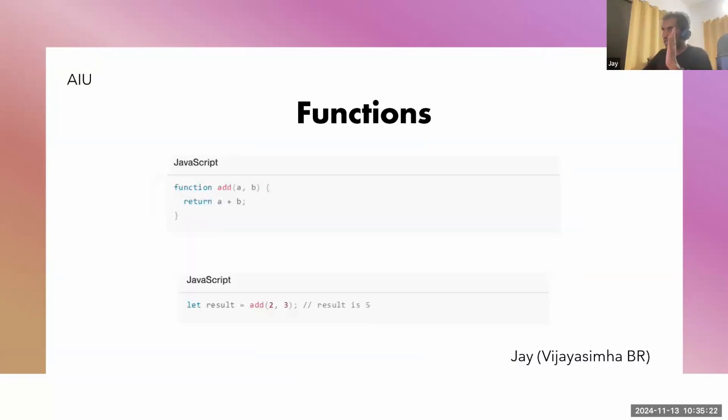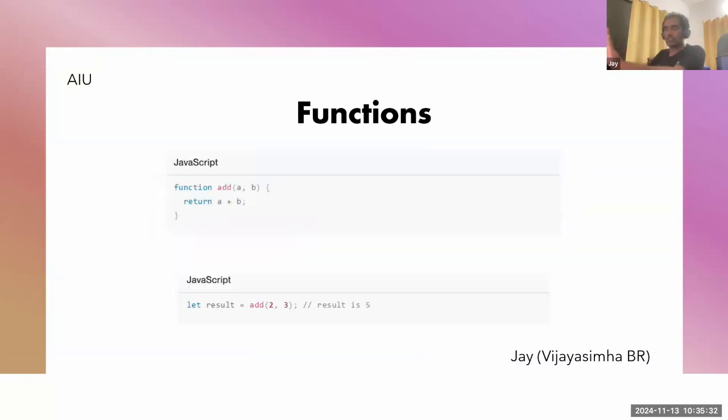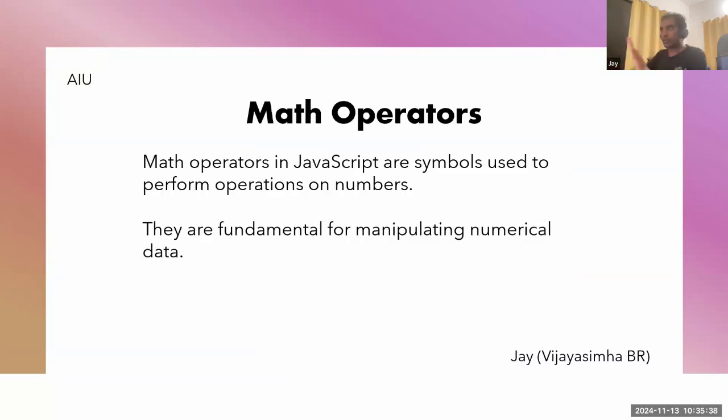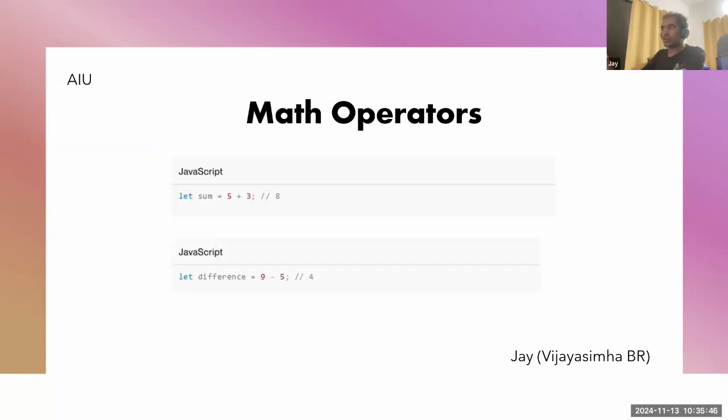The standard structure: you have the function keyword in blue color, you have a function name, parameters, and then you return a value. That's the basic structure. Some example functions, the key reasons why we use functions: modularity, maintenance, and all that. And then math operators, the main four. There are so many other operators, but in this session, I only want to show you the ones which I'm using in the calculator project. So that is what we have seen.